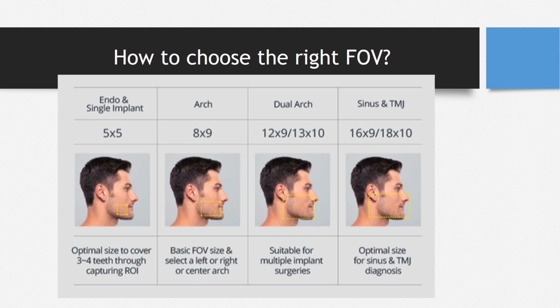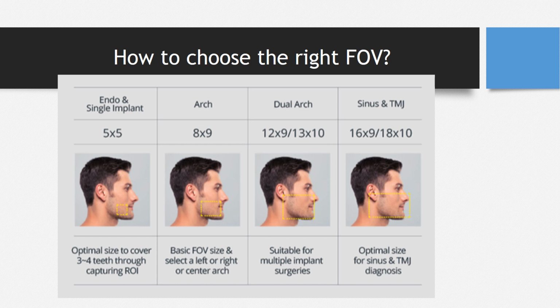If you have to look at the entire arch, an 8 by 8 or an 8 by 9 view is selected. If you have to see both arches, right and left, then based on the availability in the machine, either a 12 by 9 or a 13 by 10 view can be used. For example, if you're doing multiple implant placements. For the sinuses and TMJs, it is important that you have a 16 by 9 or 18 by 10 field of view.